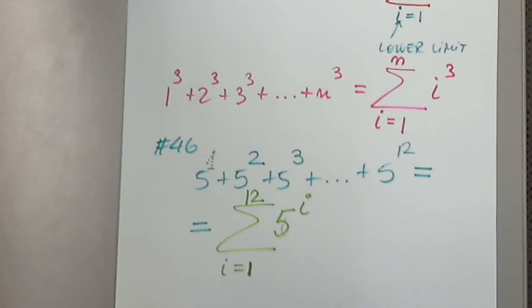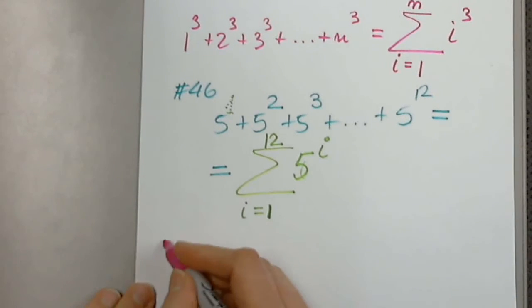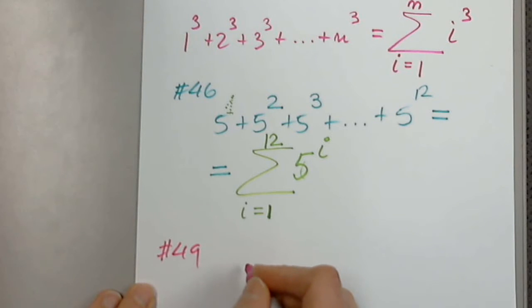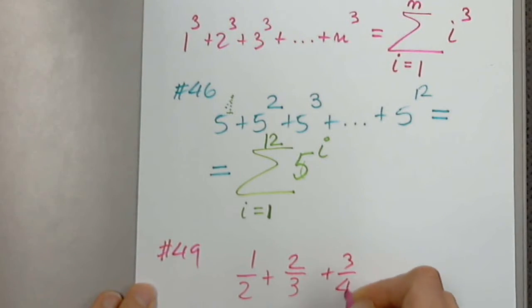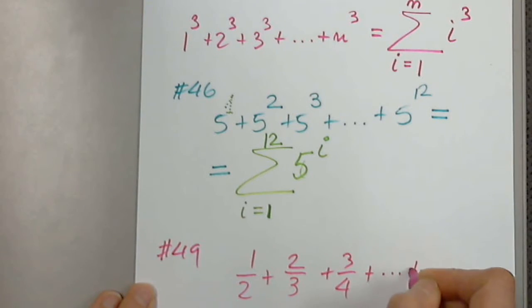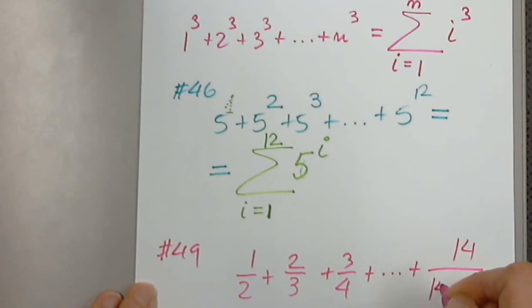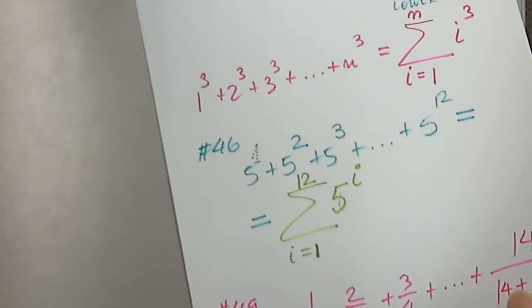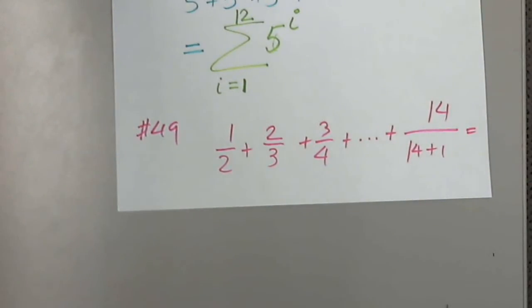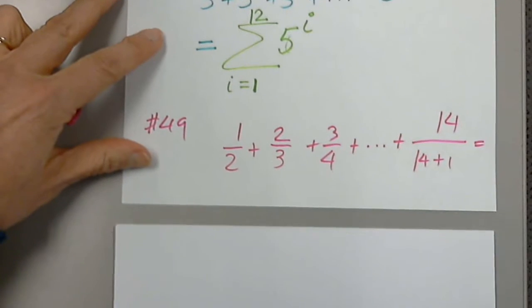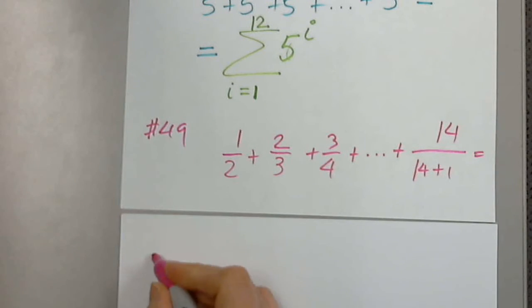Okay. Very good. So let's look at 49. So here we have 1 over 2 plus 2 over 3 plus 3 over 4 plus dot, dot, dot plus 14 over 14 plus 1. How do I change this?